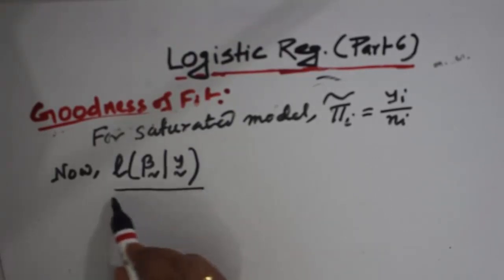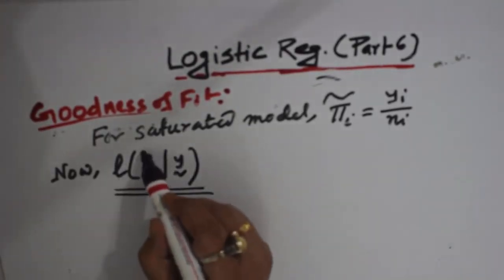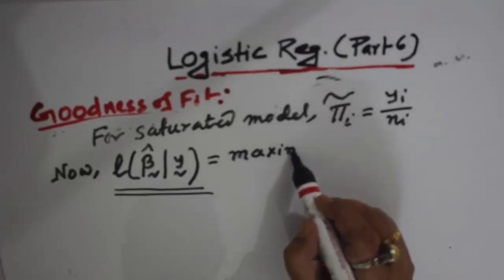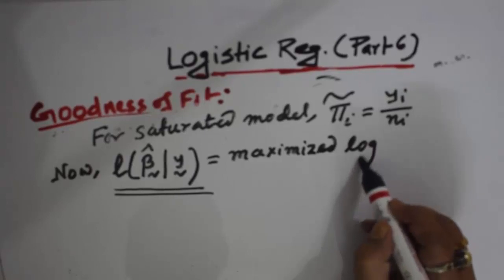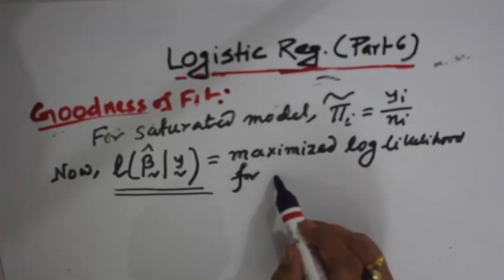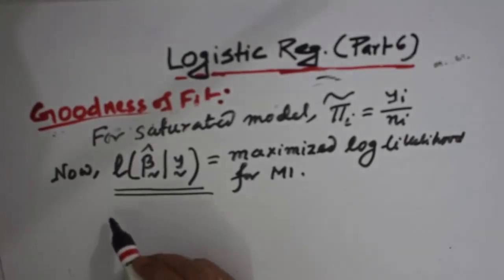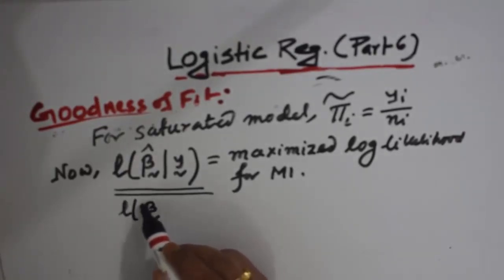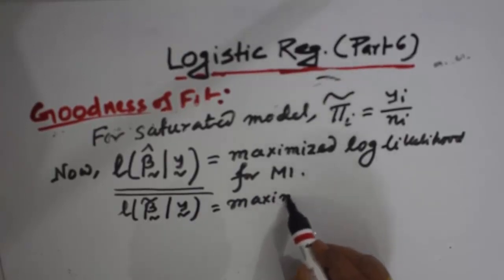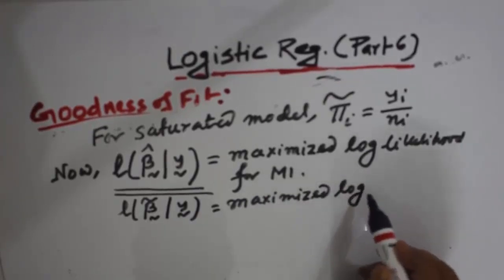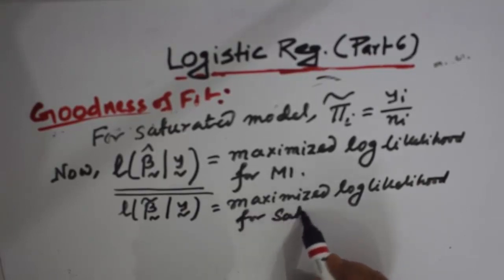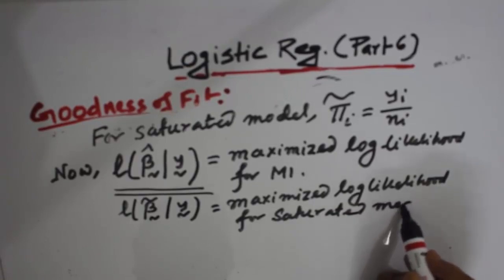This is our log likelihood of beta curl given y curl, and this is the maximized log likelihood for model M1, and this is the maximized log likelihood for the saturated model.